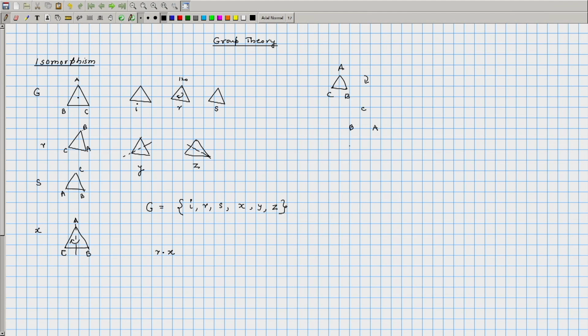Now, this is the same as flipping about B. If you have taken the vertex B and flipped about that, what you get is this. So, R times X is going to be equal to Y. You can do all the other operations and verify that these do indeed form a group. So, this is our first group.